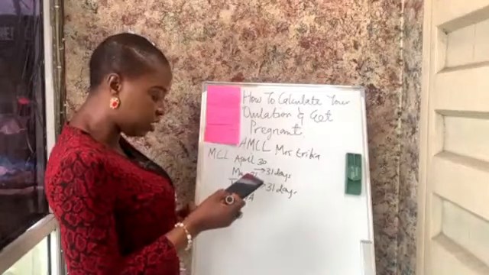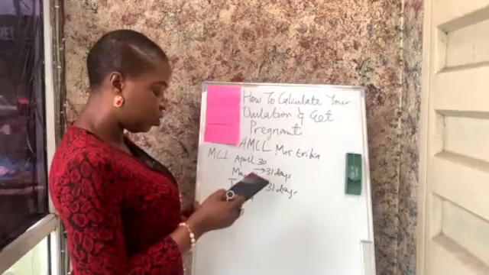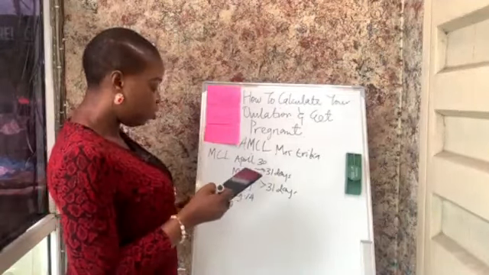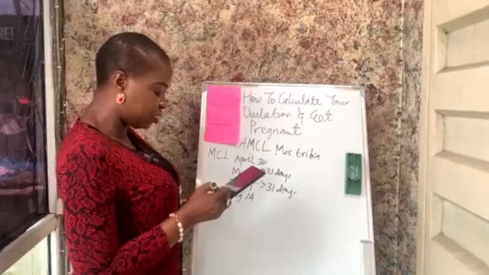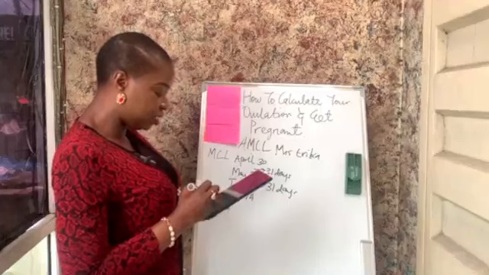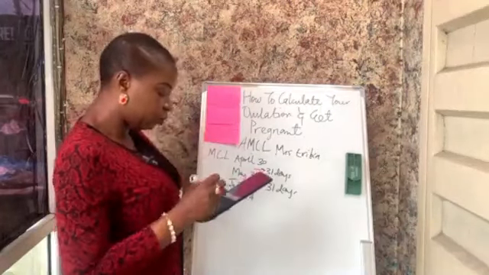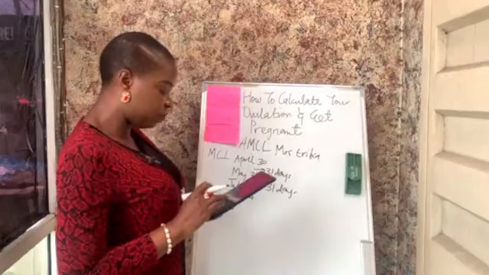Then 15th. Then 22, that's 21 days. 29, that is 28 days. Then 30th, 31, 32, 33, 34, 35, 36, 37.